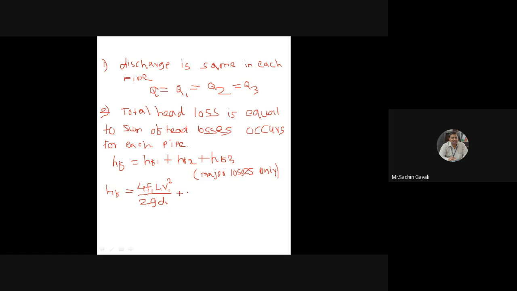Then for the second pipe, who will tell the second pipe? 4 f2 L2 v2 squared divided by 2g d2. So a series pipeline consists of this: discharge is the same in each pipe, but head losses are going to be different in different pipes depending on length, velocity, diameter, and coefficient of friction.